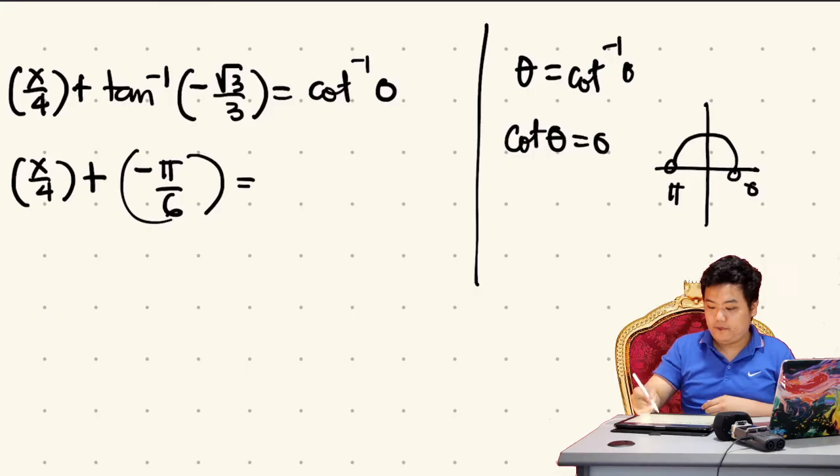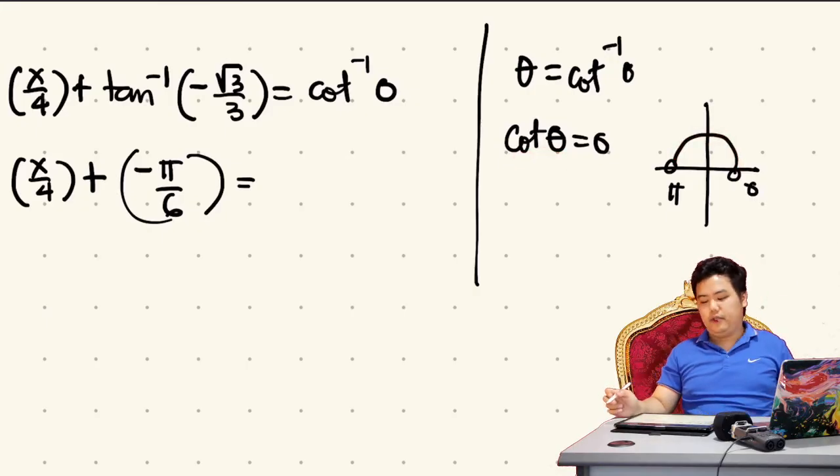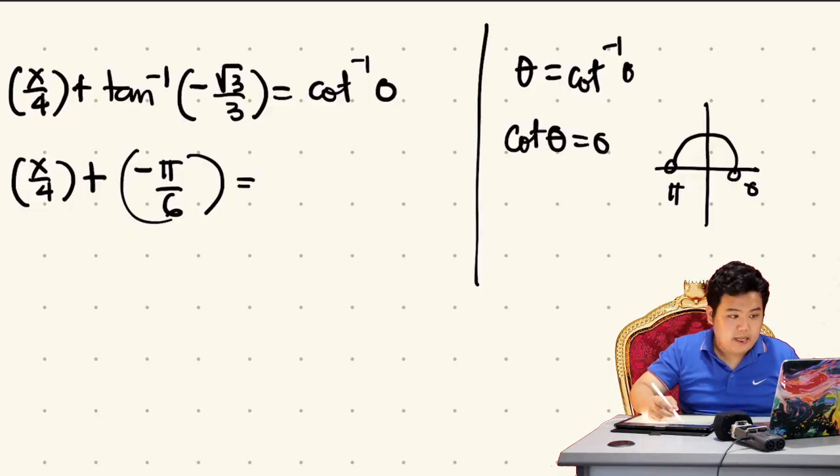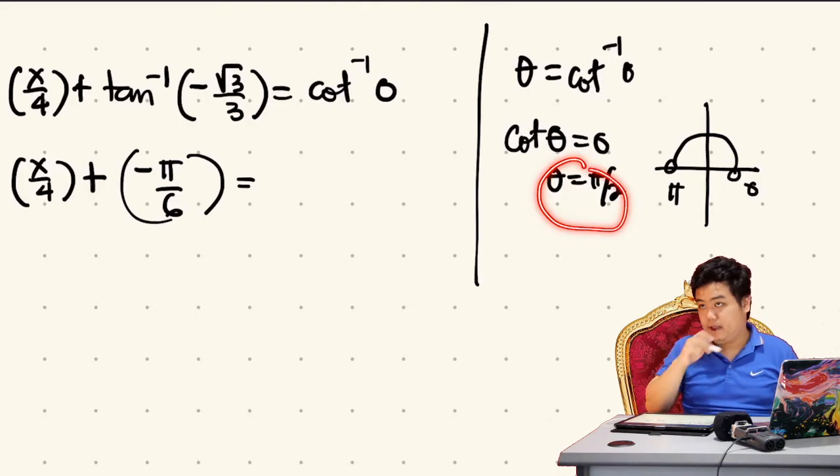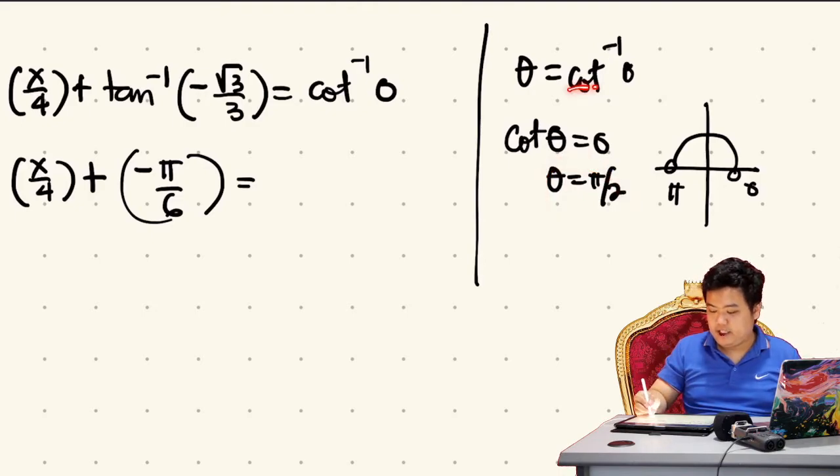Okay? So, anong angle dito will give you a cotangent equal to 0? I think it's pi over 2. Yes, because cotangent pi over 2 is 0. So, cotangent inverse 0 is pi over 2.